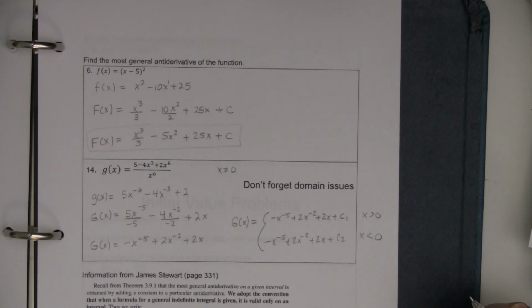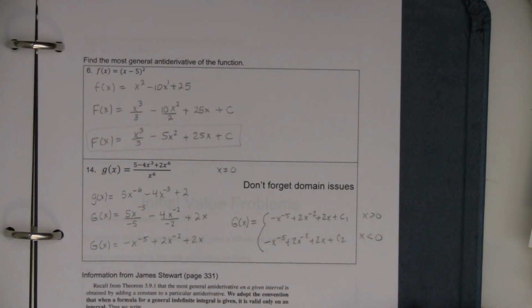He does it on some of the problems that have domain issues, and he doesn't do it on the other problems. And I'm not exactly sure why the difference in his solution, if he's going to really pay attention to the domain issues that you can have.